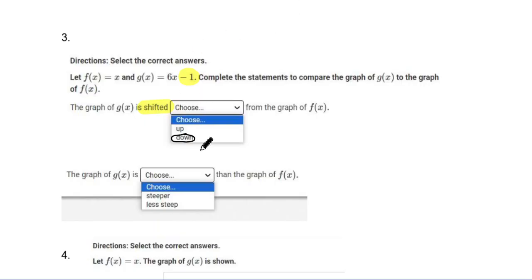And then the steepness of the graph comes from the slope. So this is not a fraction, so this is definitely going to be steeper. Okay, but let me go ahead and graph it and make sure in Desmos.